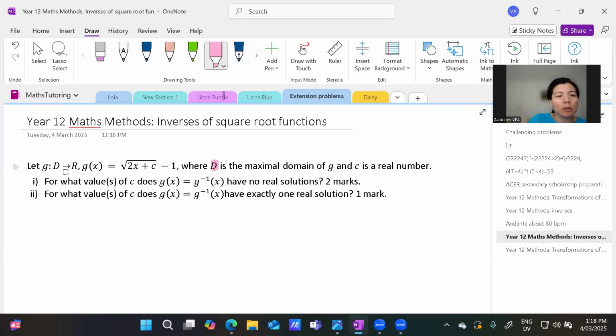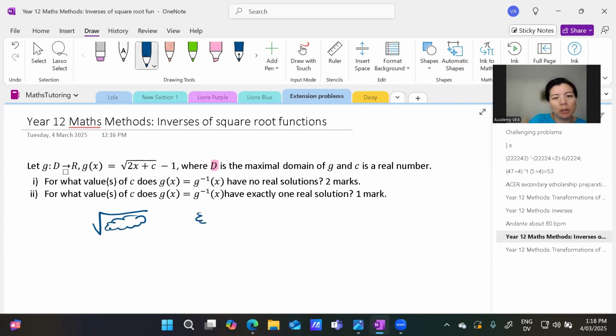So with the maximal domain of a square root function, anytime you have a square root, whatever's inside the square root must always be positive or 0. In this case, what's inside there is 2x plus c, and that will tell us our maximal domain. If we take away c from both sides, we get 2x is greater than or equal to negative c.